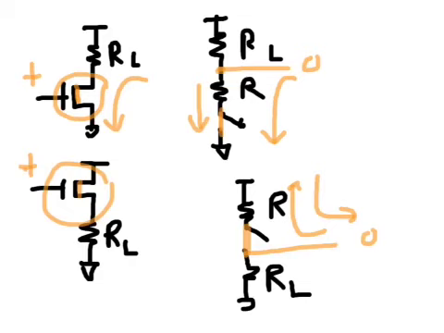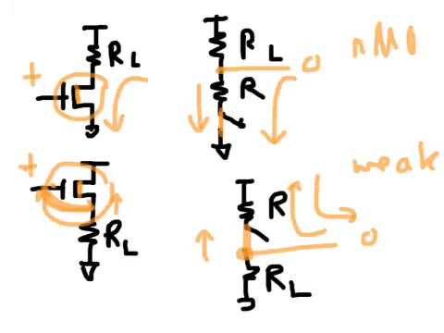The NMOS is a strong pull-down device and a weak pull-up device, because take note, as the voltage of this node here rises during the pull-up, the net voltage seen on the gate, which generates the channel, reduces because this voltage rises, and the voltage difference here reduces, resulting in a gradually weaker and weaker channel.